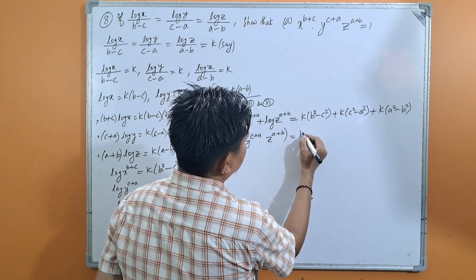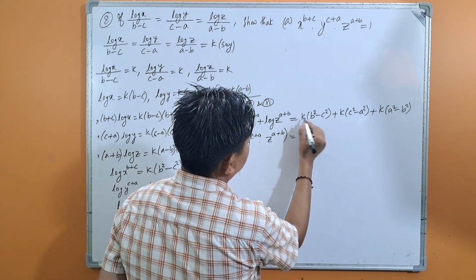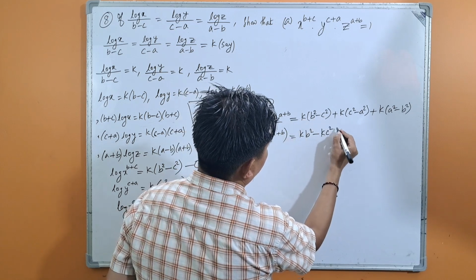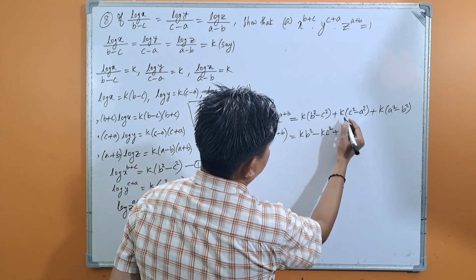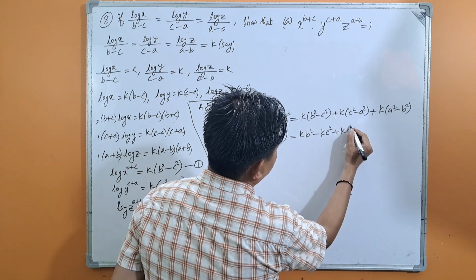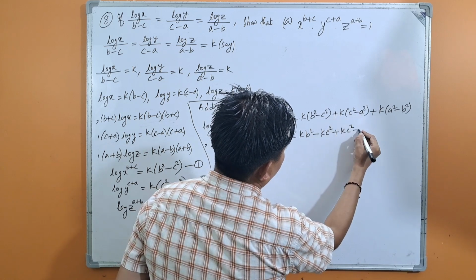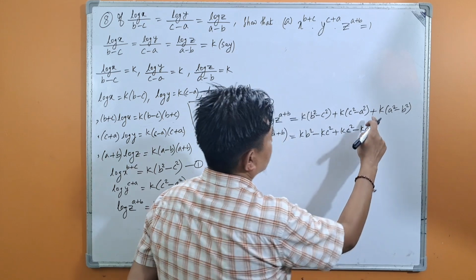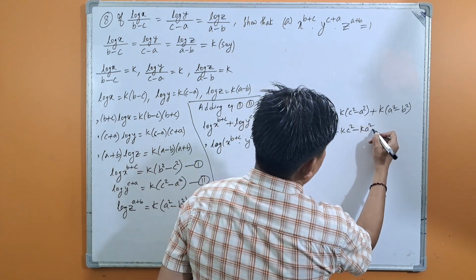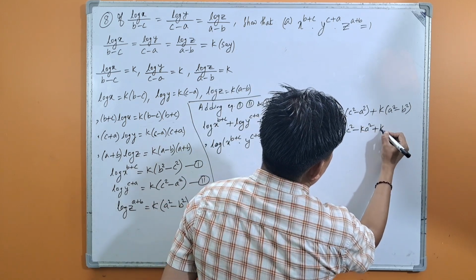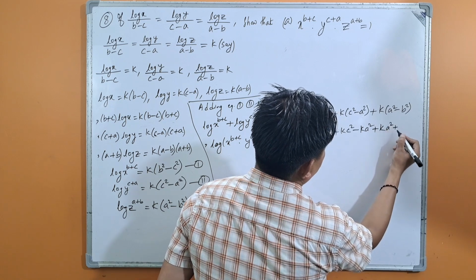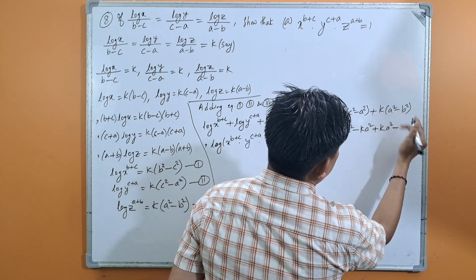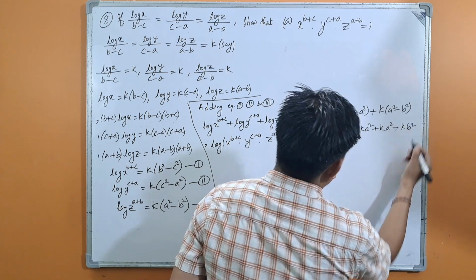K into b square is kb square, plus into minus is minus, k into c square is kc square; plus k into c square, kc square, plus into minus is minus, k into a square, ka square; plus k into a square, ka square, plus into minus is minus, k into b square, kb square, isn't it?